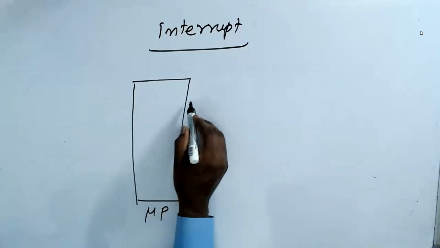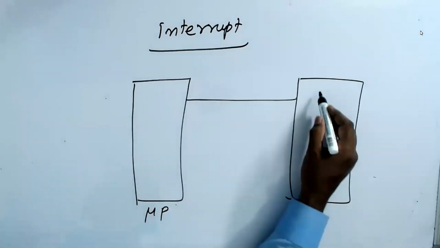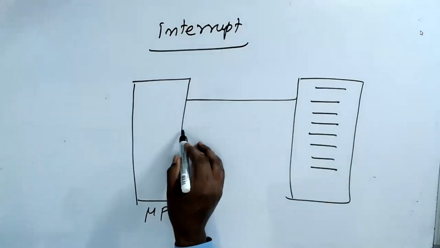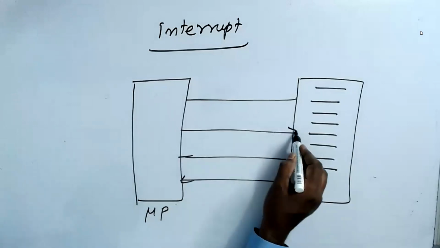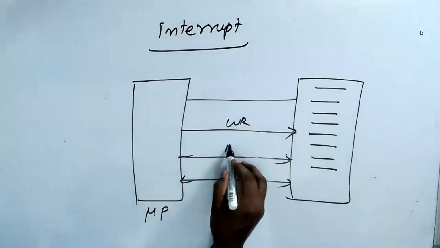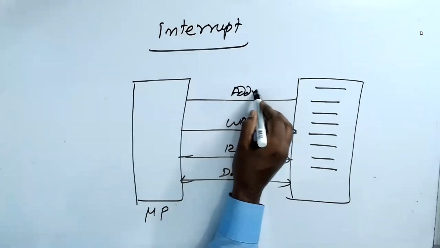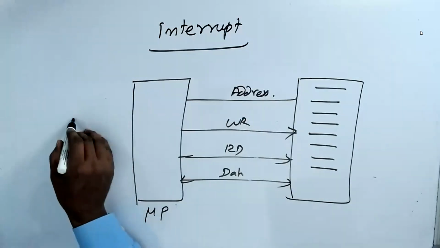The microprocessor executes the instructions from the memory sequentially, one by one. And it has the 4 lines that, as we discussed so many times: write, read, data, and address.